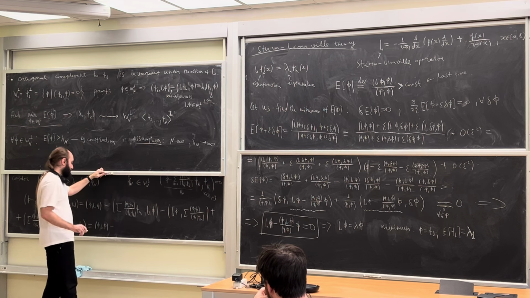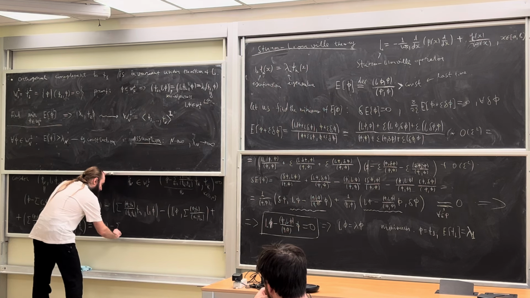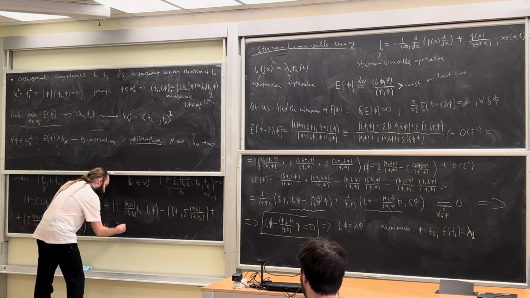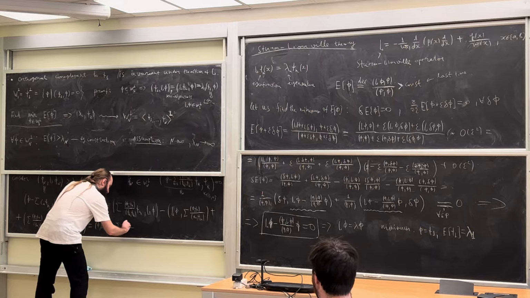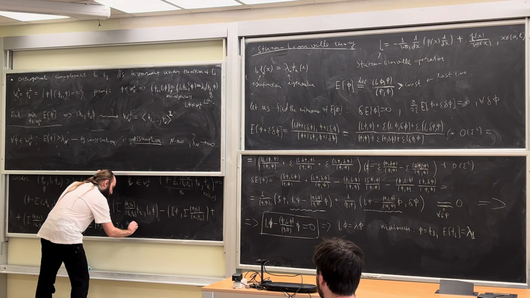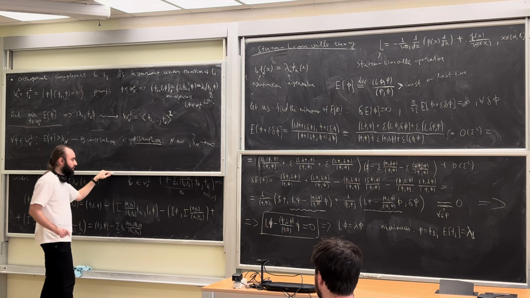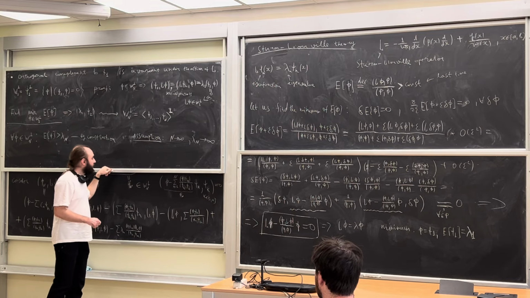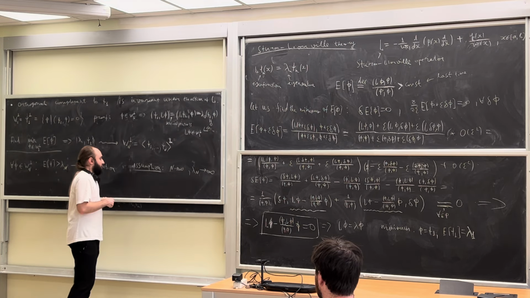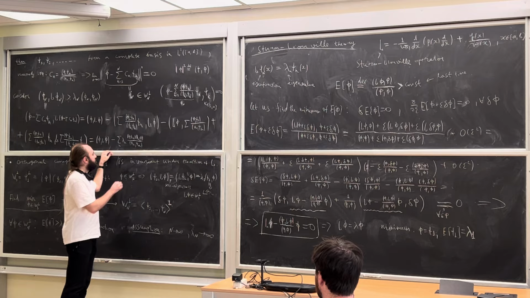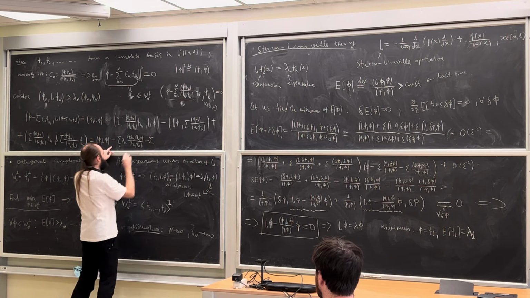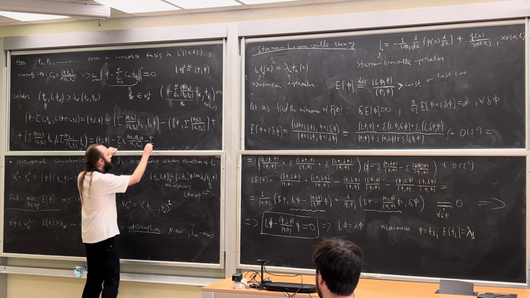So this will be equal to the sum over n, lambda n, phi psi n, psi n phi. The second term is the same.